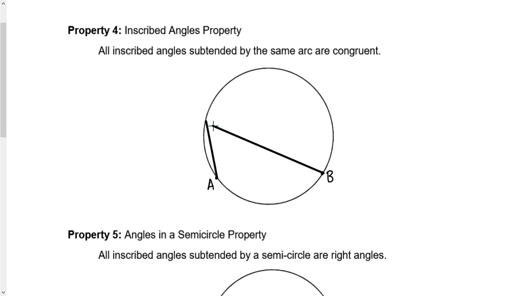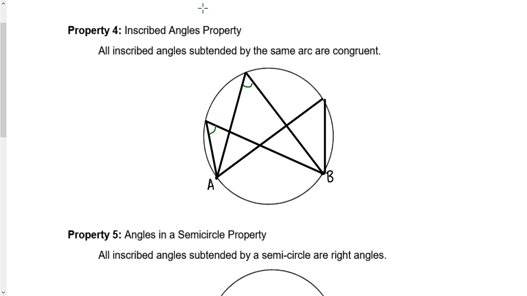It means that inscribed angle, no matter where you draw it, is going to be the exact same. All of those angle measures are exactly the same. I'm just going to make this actually connect properly.